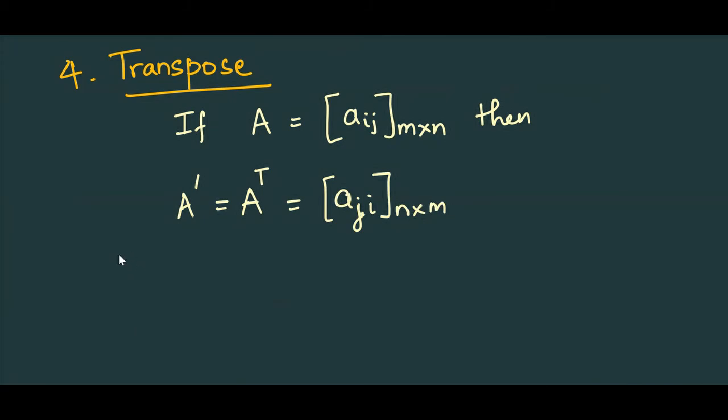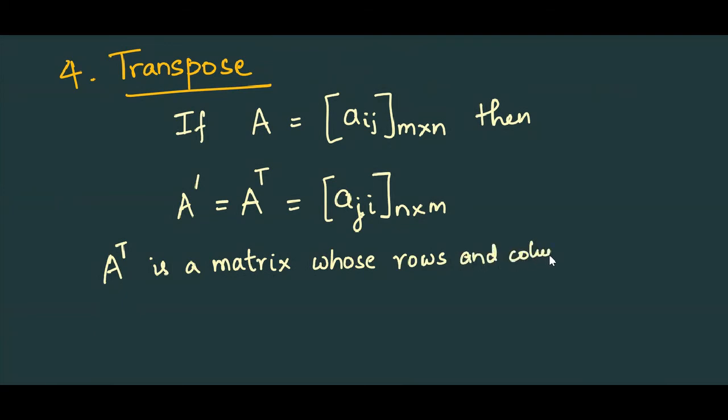That means A transpose is a matrix whose rows and columns are interchanged in the original matrix A.